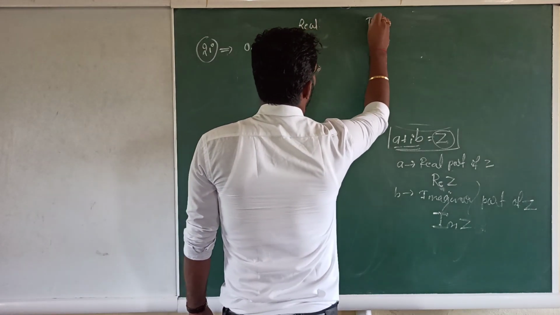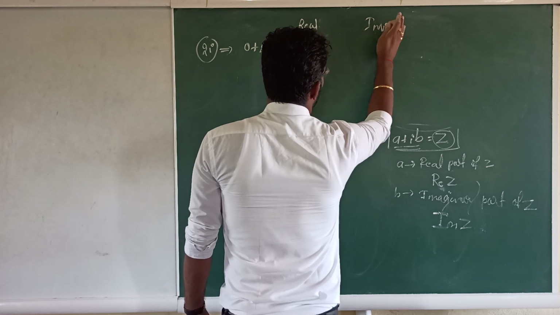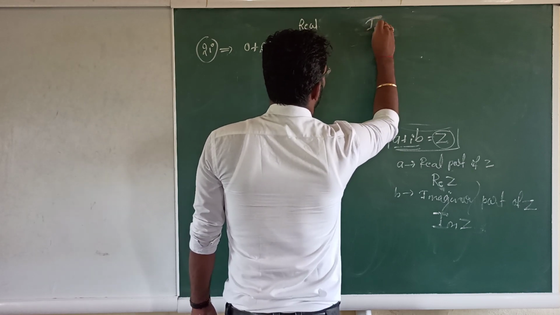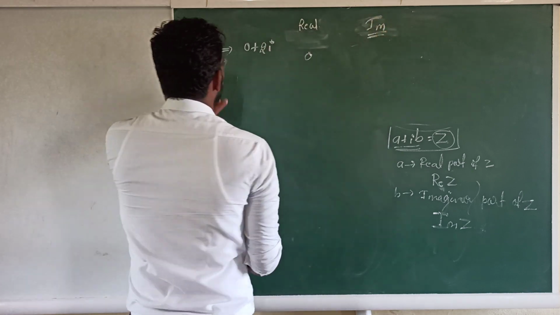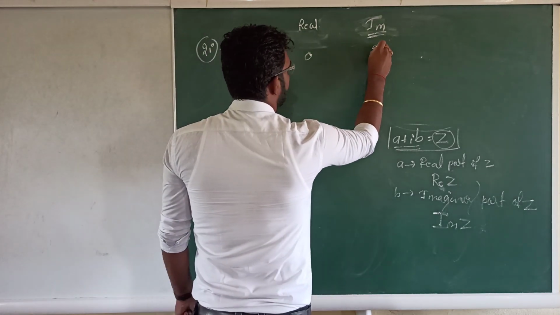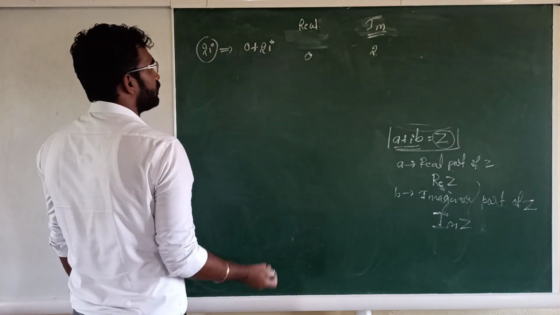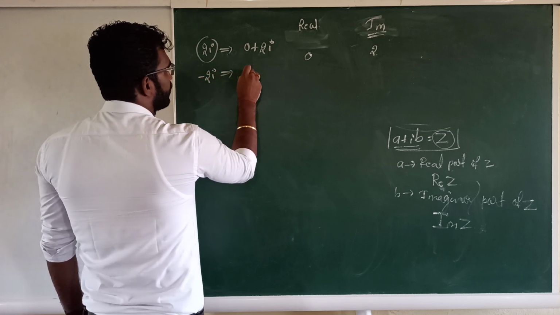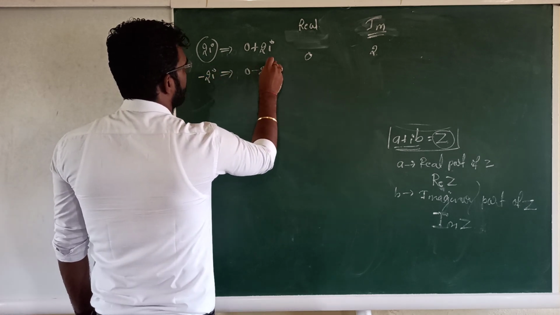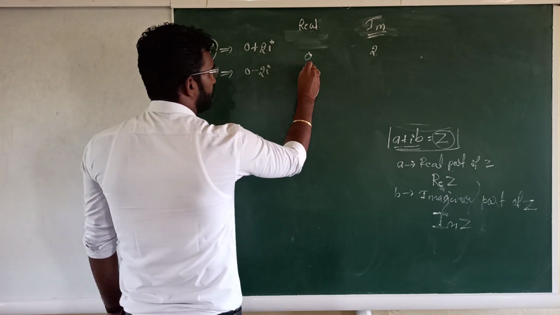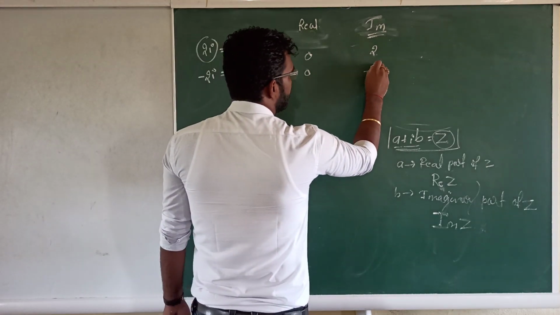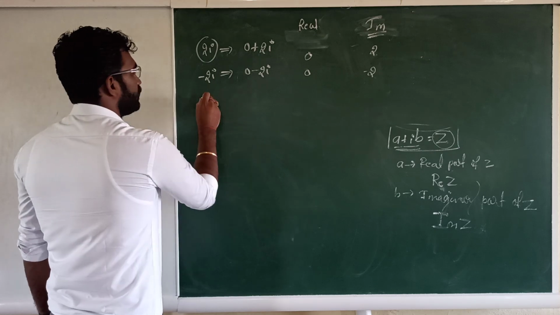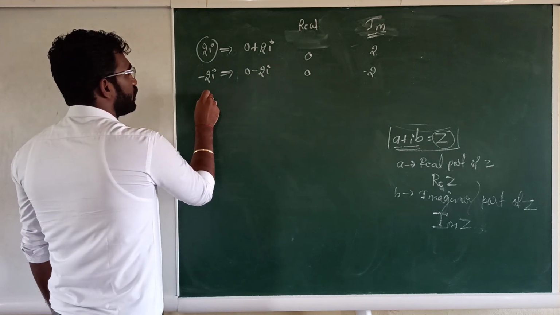So if I take this as z, here 0 is the real part as well as 2 is the imaginary part. If the number is minus 2i, again you can write it in the standard form 0 minus 2i. Here 0 is the real part and minus 2 is the imaginary part, right? Here the number is of the form only 2.